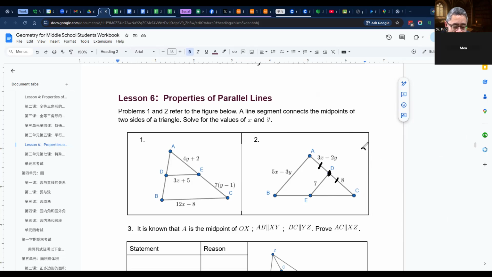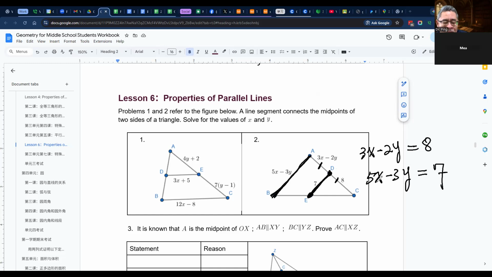So therefore, 3x minus 2y equal to 8. That's the first equation. Now we know this side is half of this, which is the same as this side is twice of D. So 5x minus 3y equals 7.